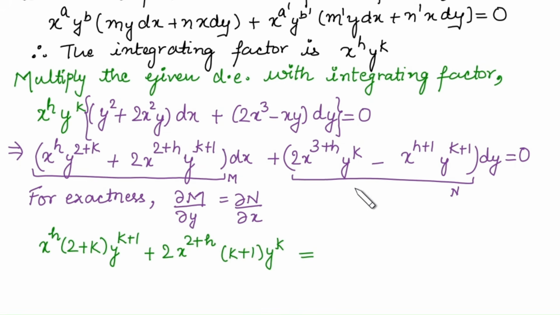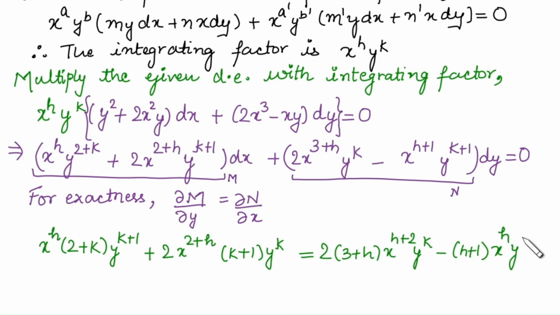On the other hand, we need to take its derivative with respect to x, keeping y as a constant. So this results in 2 into 3 plus h, x raised to power h plus 2, y raised to power k, minus h plus 1 into x raised to power h, y raised to power k plus 1.